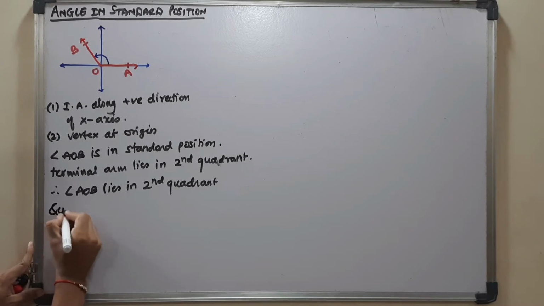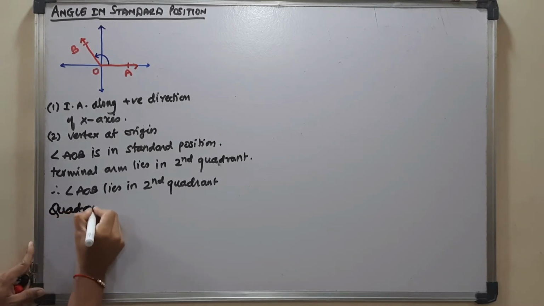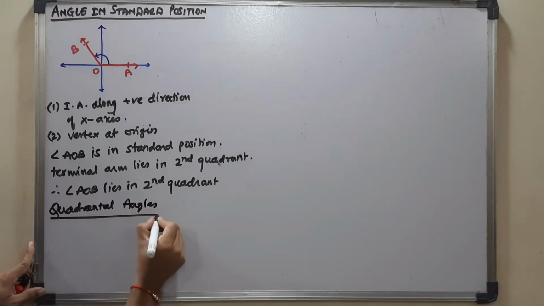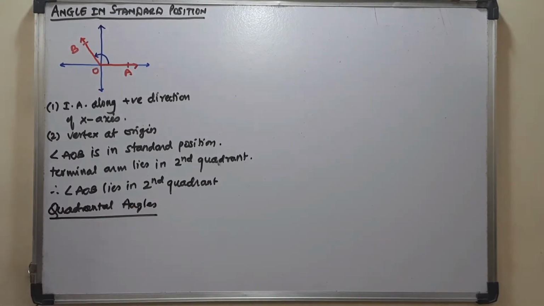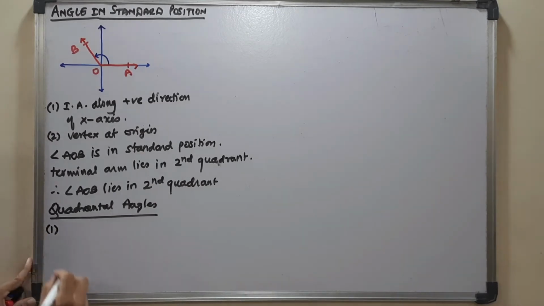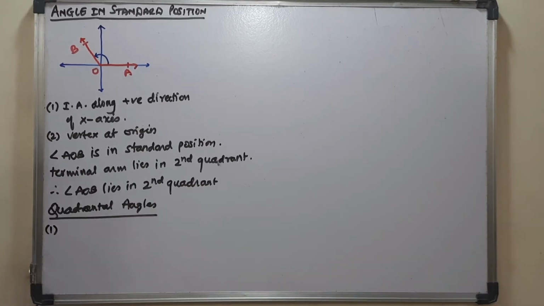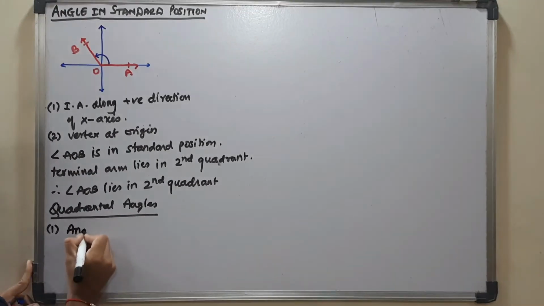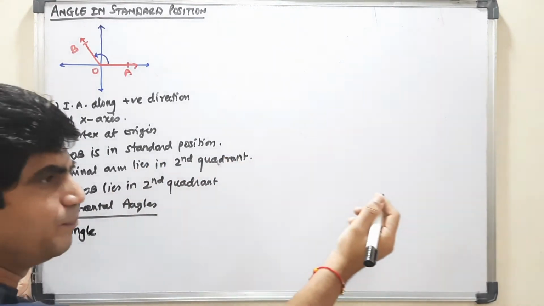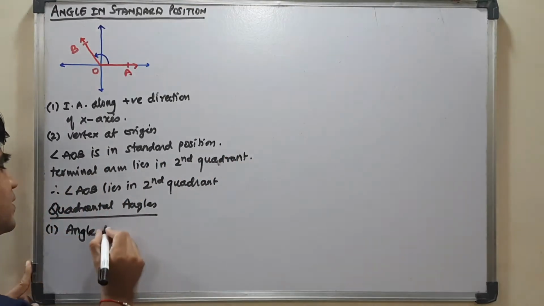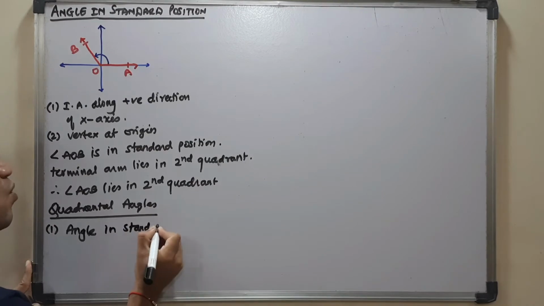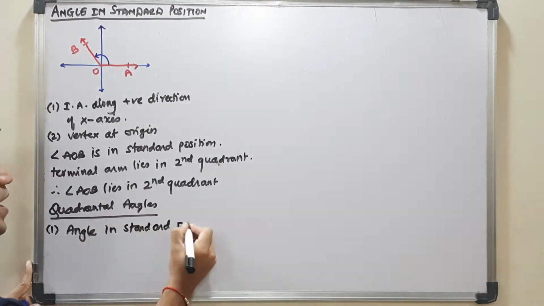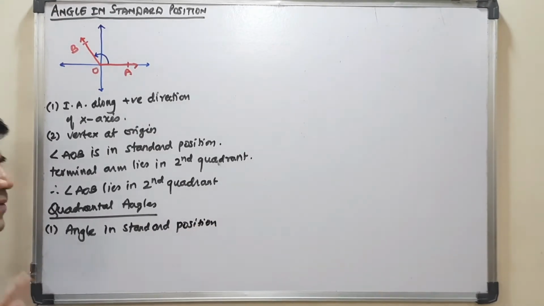A quadrantal angle is an angle in which, first, the angle must be in standard position, which means the initial arm must be along the positive direction of the x-axis and the vertex must be at the origin.